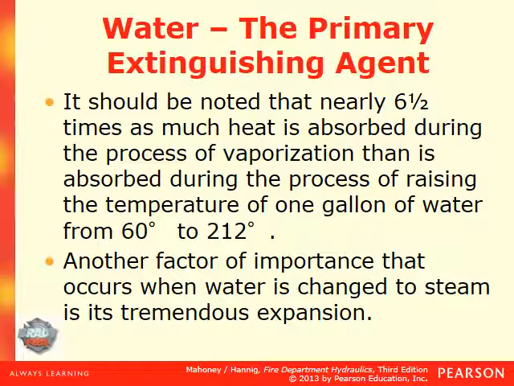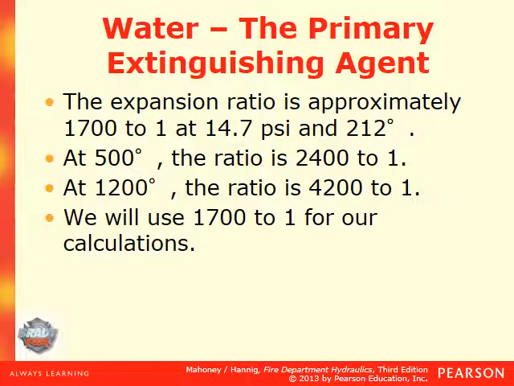Another factor of importance that occurs when water is changed to steam is its tremendous expansion. So when that water turns to gas and steam, the expansion ratio is approximately 1,700 to 1 at normal sea level pressure at 14.7 psi and 212 degrees. At 500 degrees, and that's a pretty common temperature that you would find at a fully involved fire on some sort of flammable material, the ratio is 2,400 to 1.